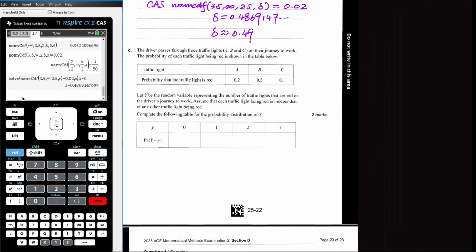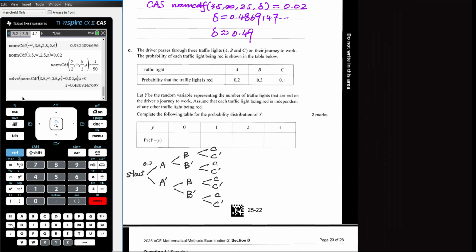The driver passes through 3 traffic lights A, B, and C on their journey to work. I think that means the 3 lights are consecutive lights in the order, okay? So red A, red B, red C. Well, you might want to do, let's say, a tree diagram: start, A, A dash, then B, B dash, and C, C dash.